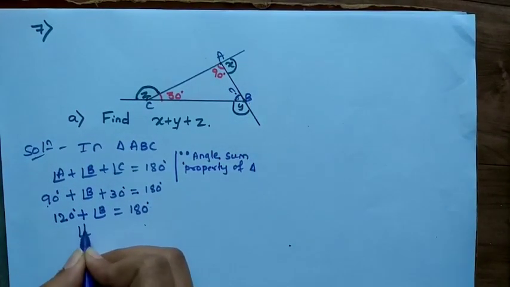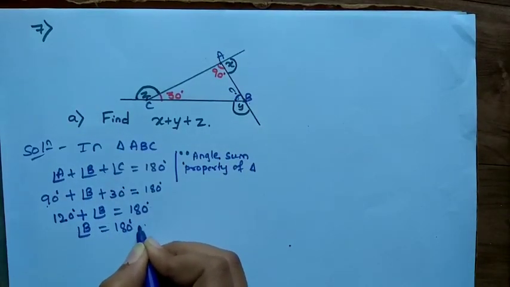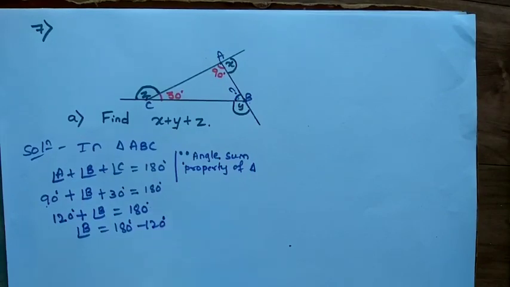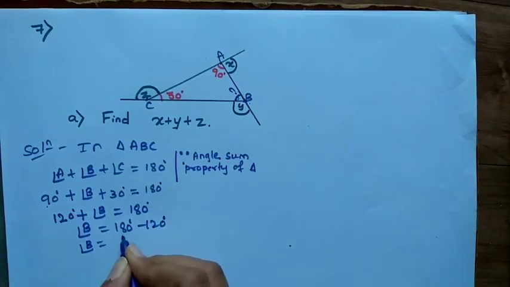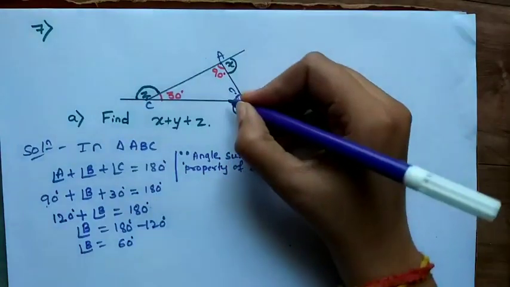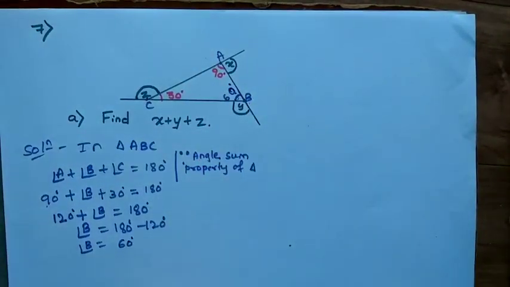So angle B is equal to 180 degree minus 120 degree, which is 60 degree. So we got angle B is 60 degree.